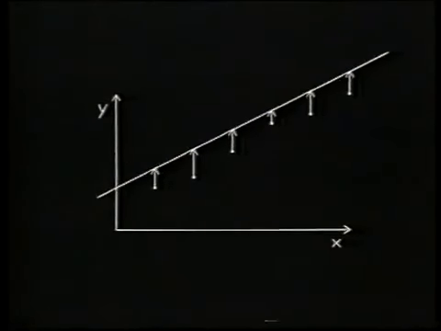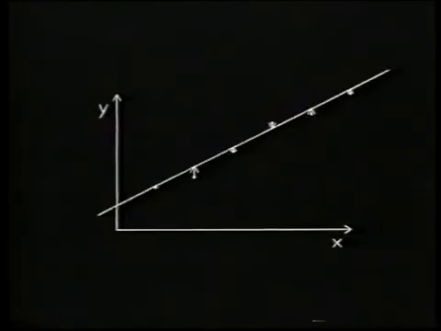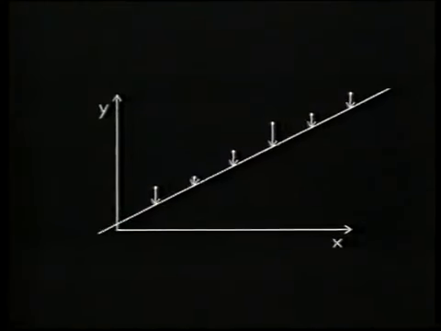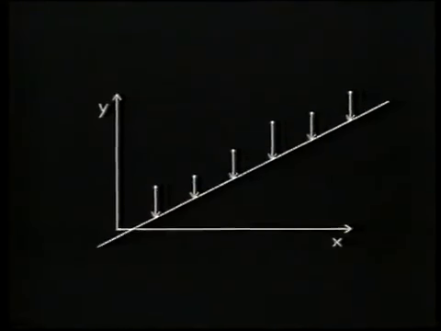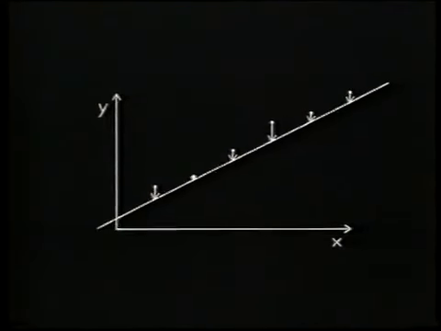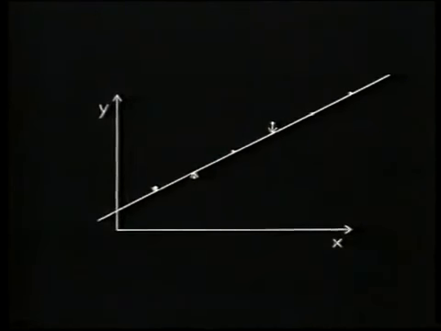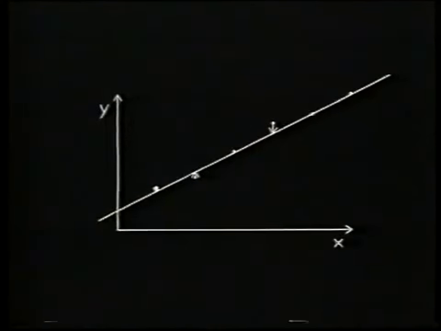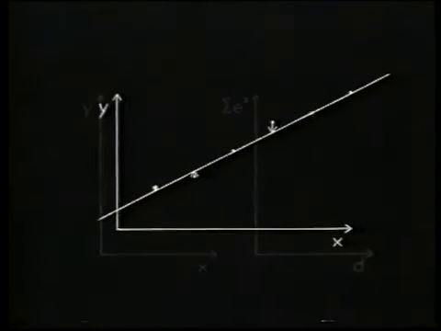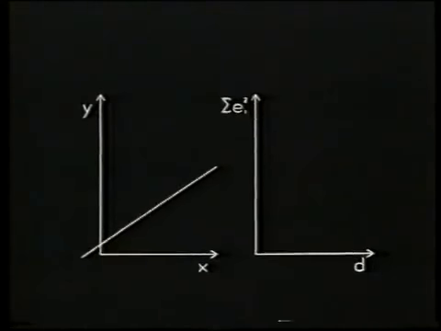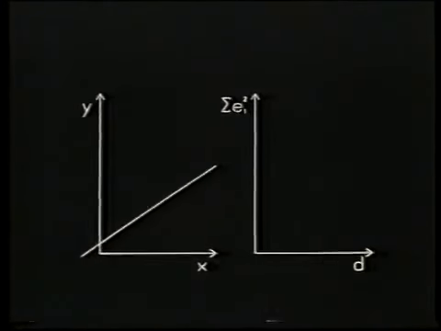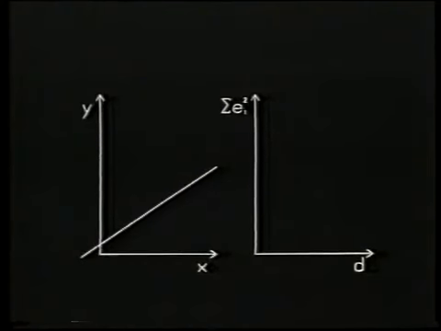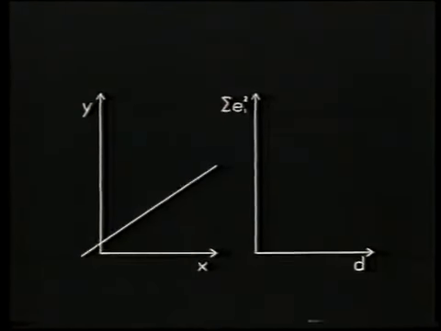As d varies, not surprisingly, each residual also varies. Remember, we're going to be looking at ei squared rather than ei. So on the right-hand side of the screen, let's see how the total error function, sigma ei squared, varies as d varies. Remember, we are fixing m, so for each value of d, we get a corresponding value for the total error.